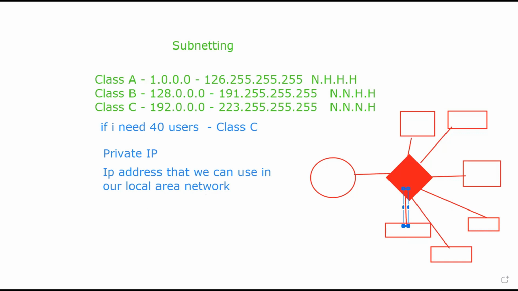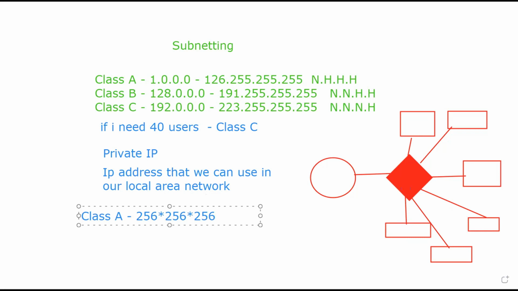Before this, I also want to tell you how many IPs we can assign. In class A, 256 into 256 into 256, right?